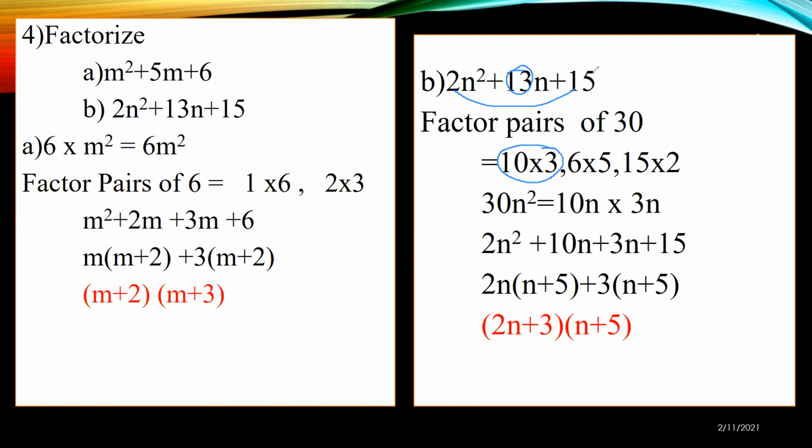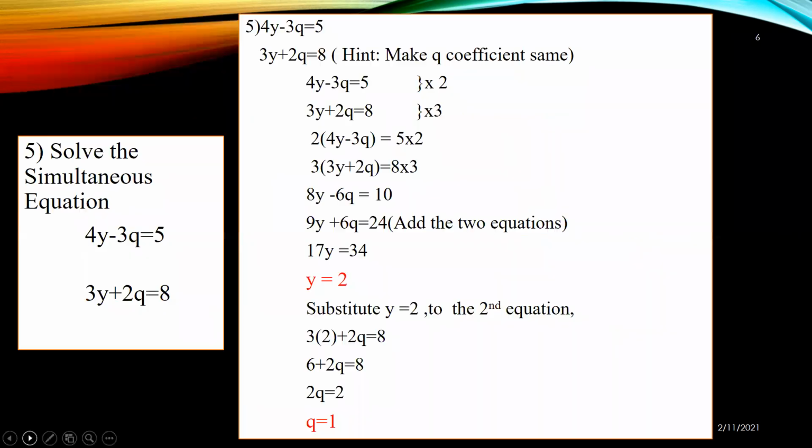It's 10 times 3. Then instead of 13, I'm going to write 10n plus 3n. Then I will get 2n squared plus 10n plus 3n plus 15. In a similar way, you get the common factors out. Then you will get your final answer as 2n plus 3 in one bracket and n plus 5 in the next bracket. We'll move to the next slide.